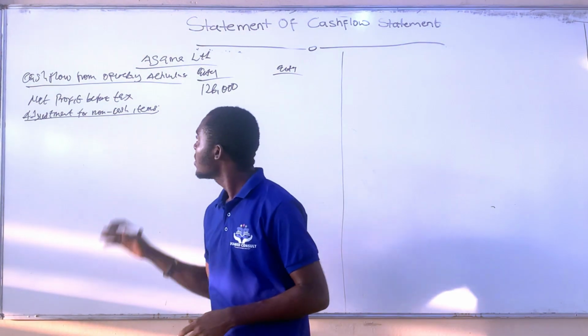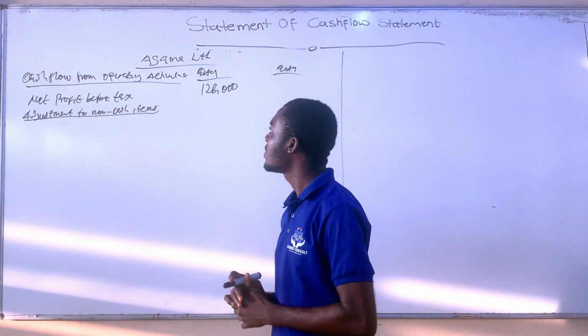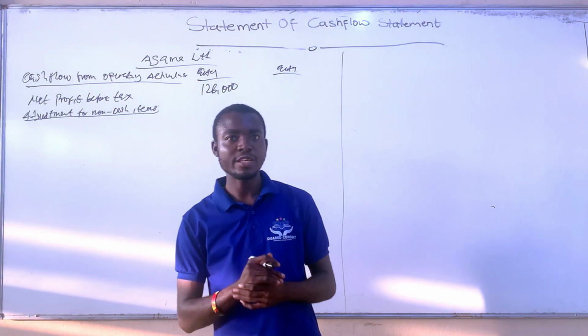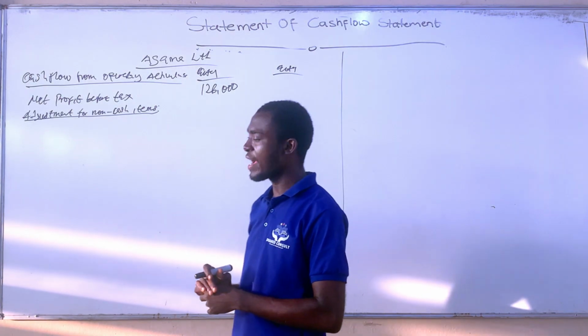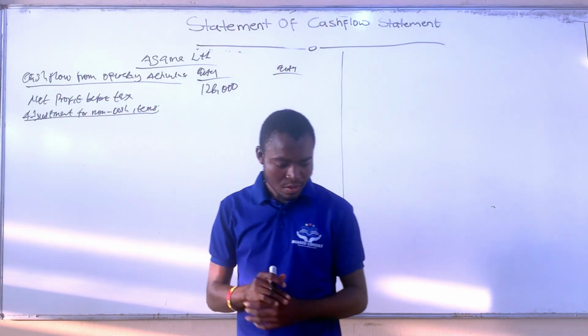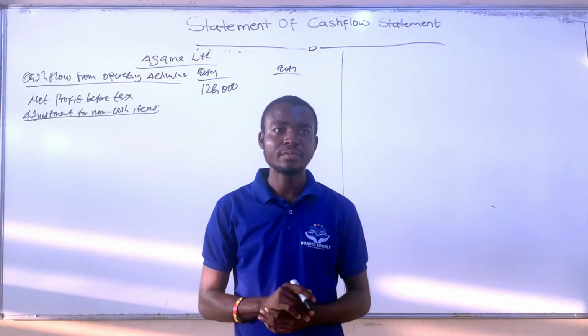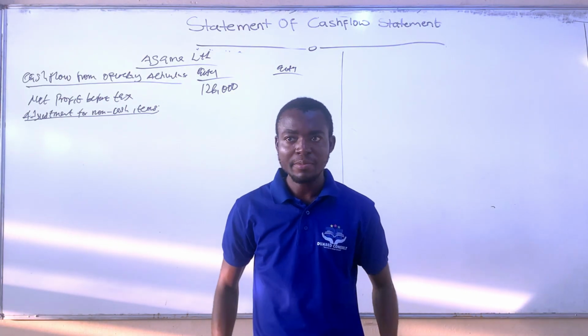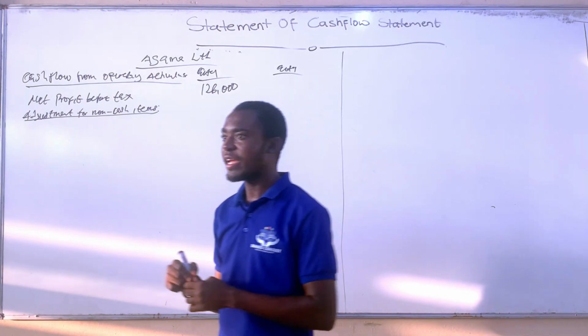Okay, so after recording the net profit before tax, there is no interest payment, so we proceed with adjustment for non-cash items. And then the first item that we record under adjustment for non-cash item is depreciation.